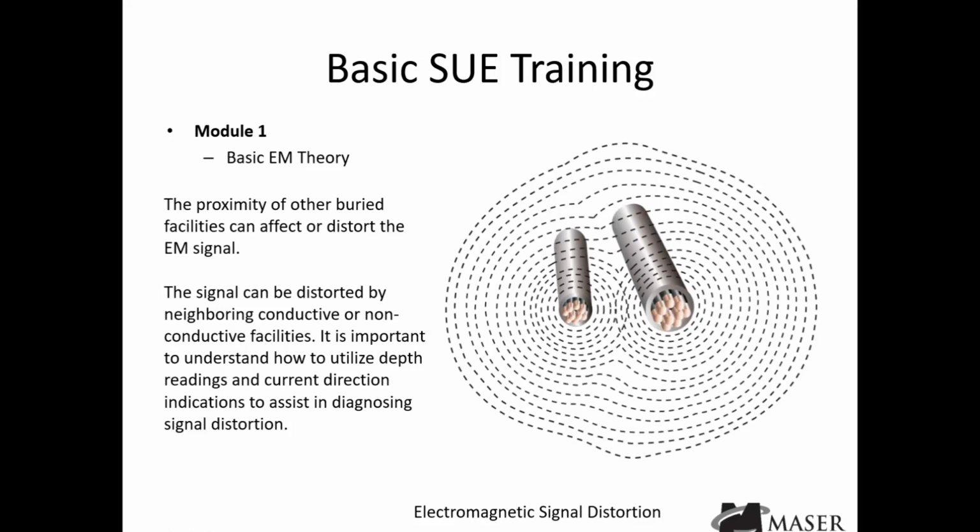And this is where you have to come back and do some additional diagnosis to understand why you have a distorted signal. Typically this is a clue for designators that there is an adjacent facility that needs to be investigated. So it's very important to understand how to differentiate between round and non-round signals, and how to understand whether or not you have a distorted field.